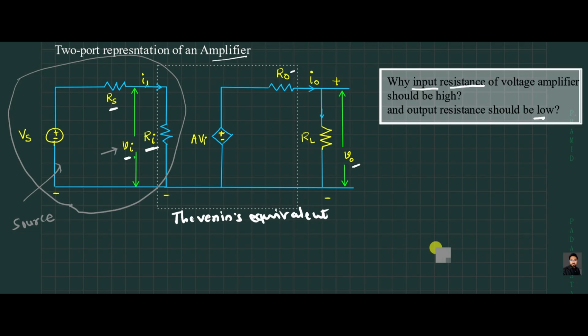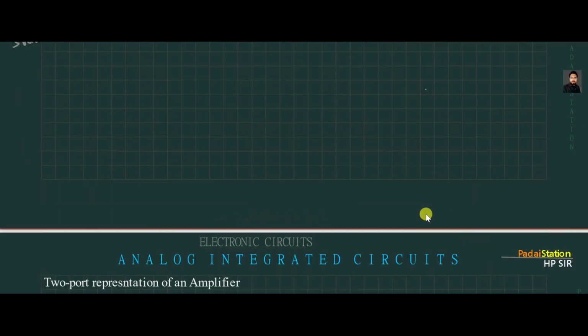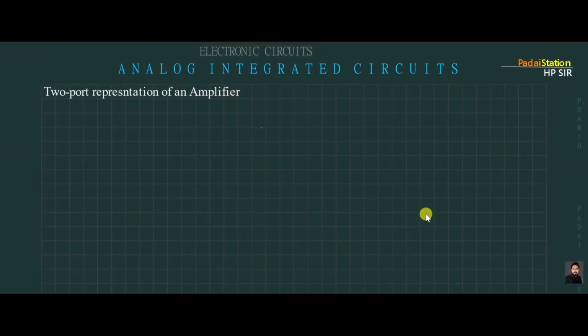So we can redraw this. This is our source, so this is the ground, and it is plus minus Vs. Instead of showing Rs here, I'm going to show Rs here so that it will be simple for us.